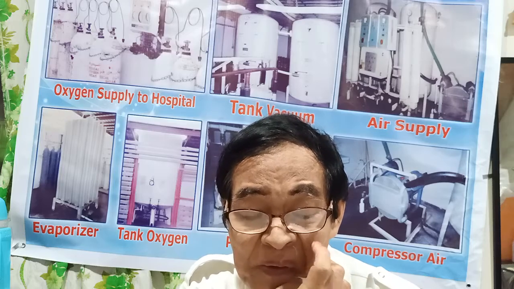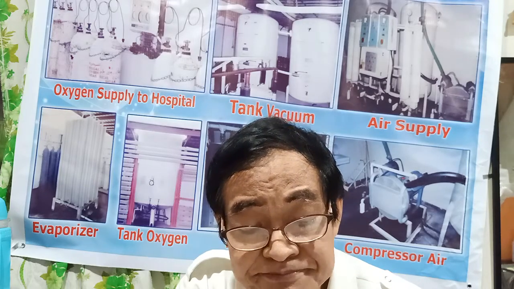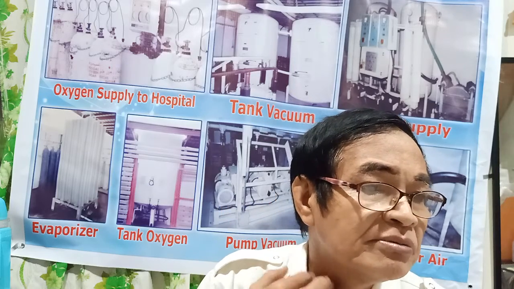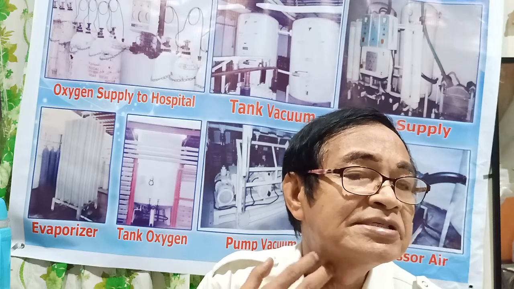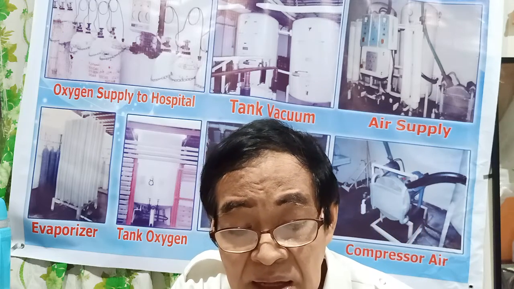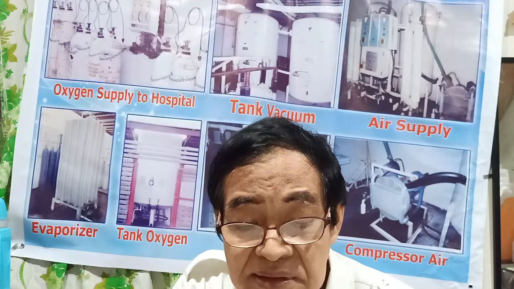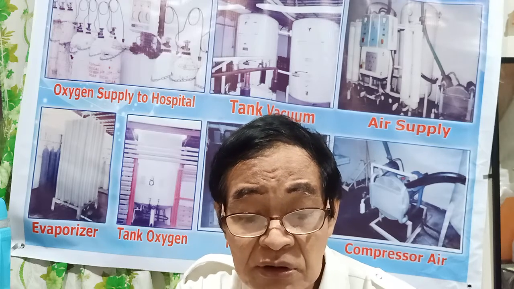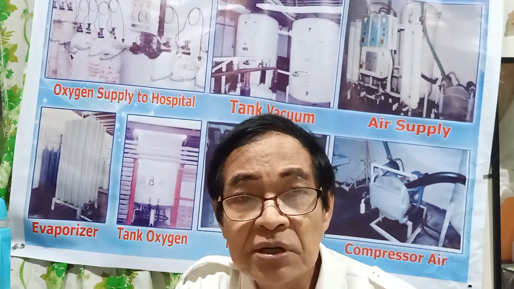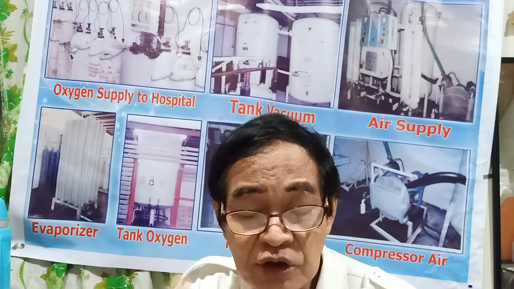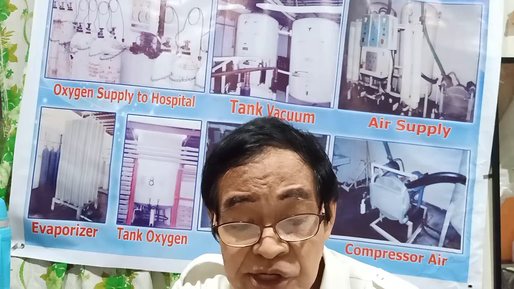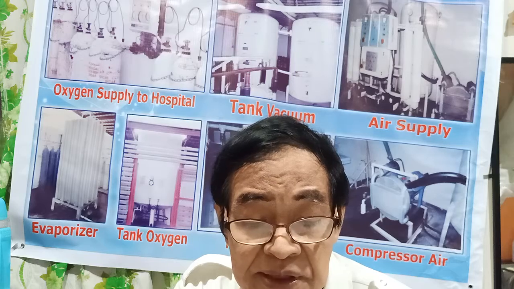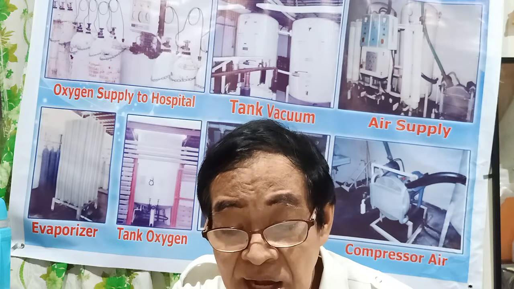Number two, the vacuum insulated evaporator tank has a double jacket design consisting of the inner pressure vessel and the outer vessel, with the intermediate space filled with insulation materials.